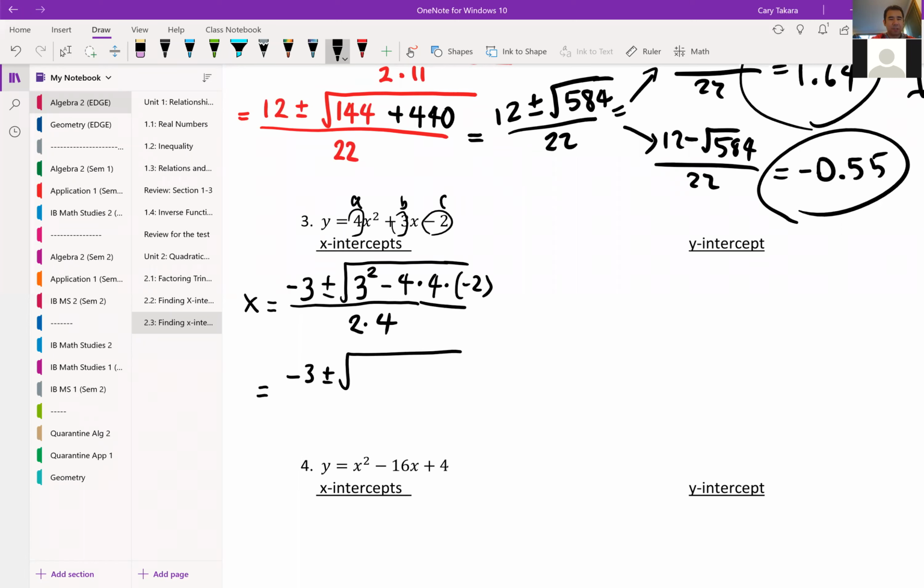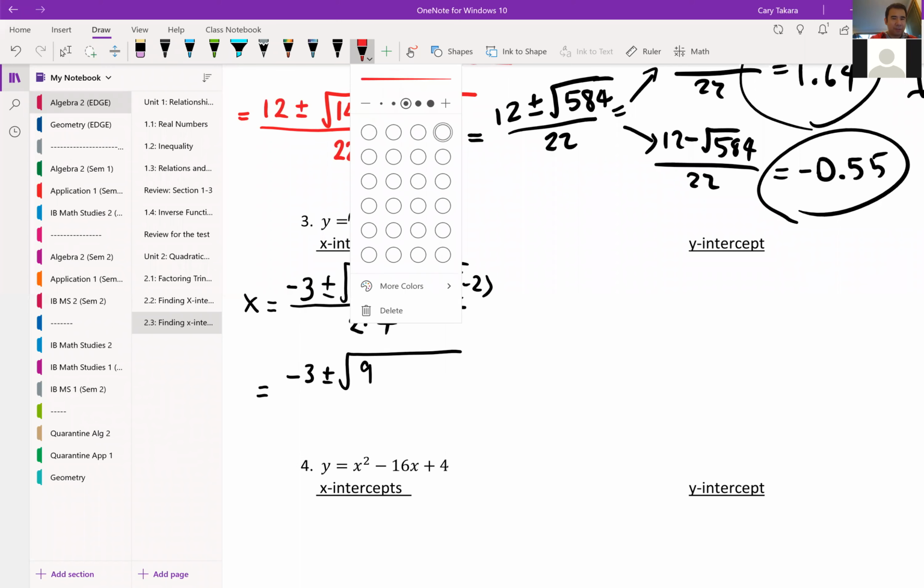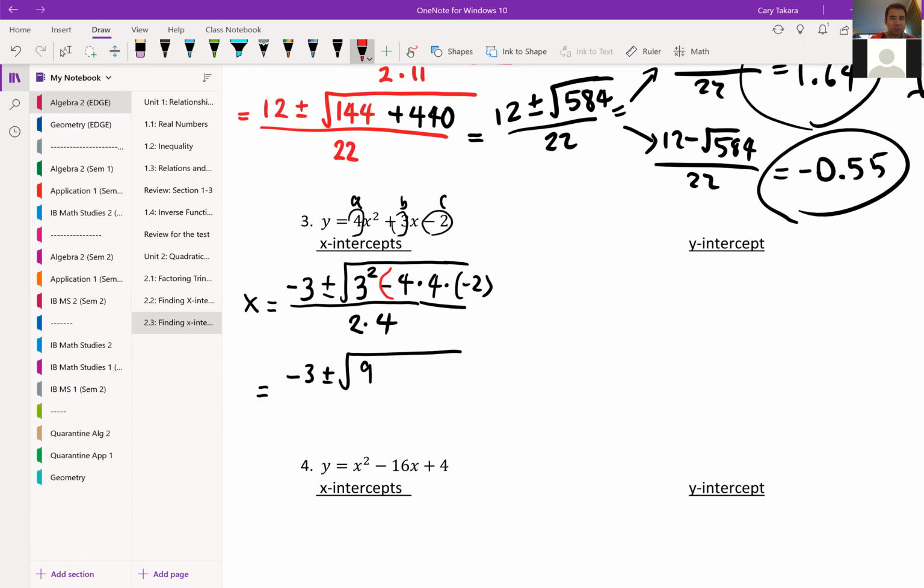And 3 squared is 9. And again, I'm going to keep stressing this. You want to treat this as negative 4. Negative 4 times 4 times negative 2. That's what you want to do. And so what do you get?